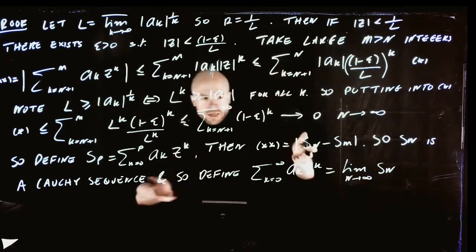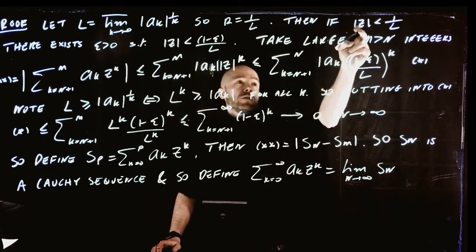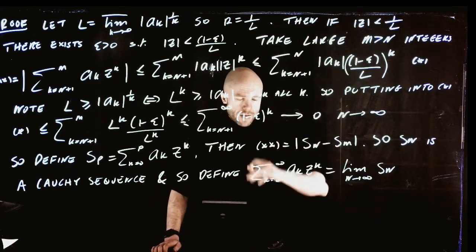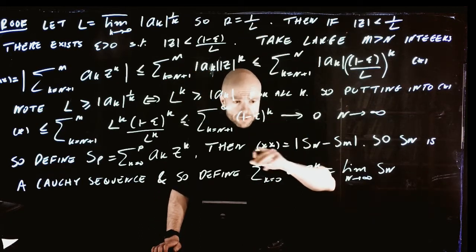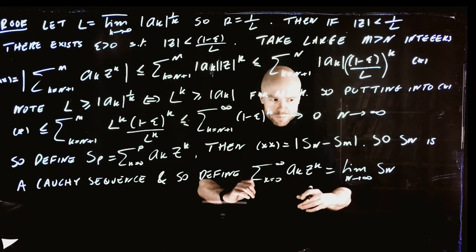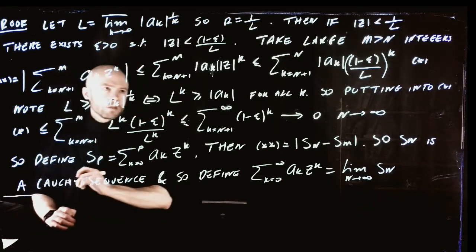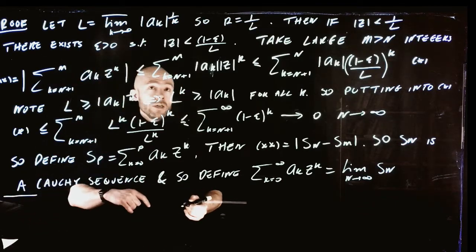This is a meaningful thing. We've just shown that for every z whose absolute value is less than r, we have a Cauchy sequence, so we have a meaningful convergence of this power series. Everybody with me? Yeah? Cool, so that's one half of this.